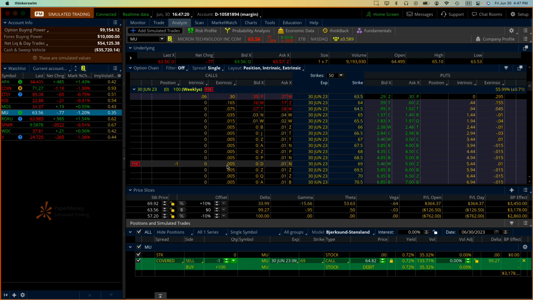Right there. All right? Zero extrinsic value. So we can easily let that expire, and if we do that, we end up with 100 shares because this is out of the money. So we would end up with 100 shares and nothing else.